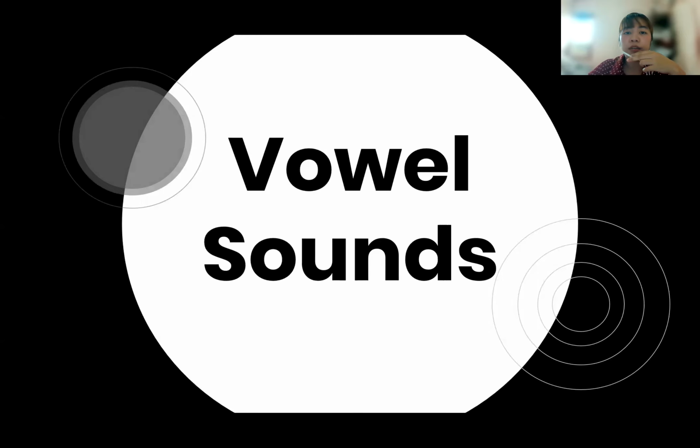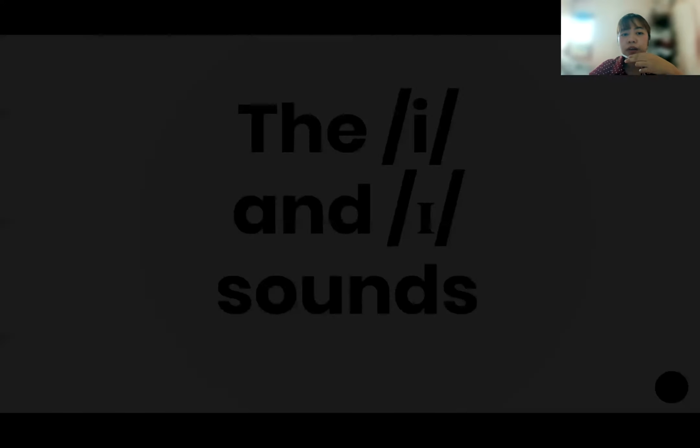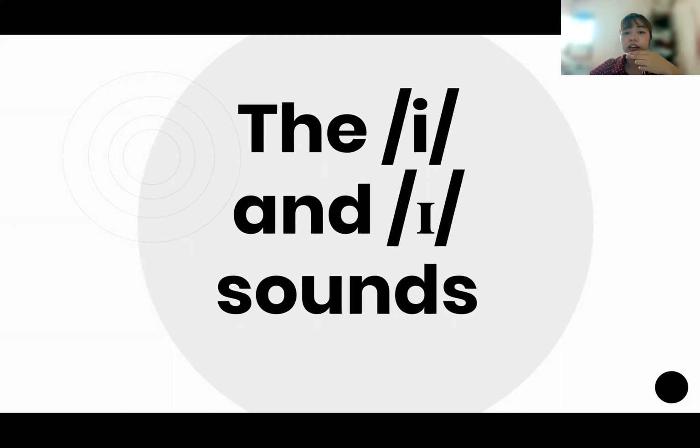So first, we start off with your vowel sounds. We have here your short I and your long I sounds. To note, if your letters are enclosed in slashes, that means you have to sound it out.